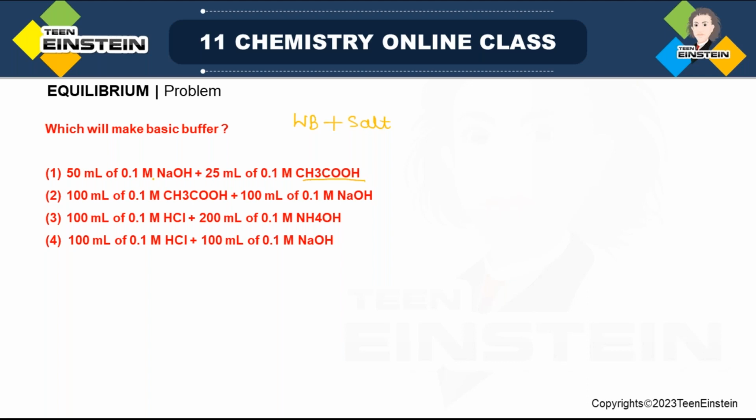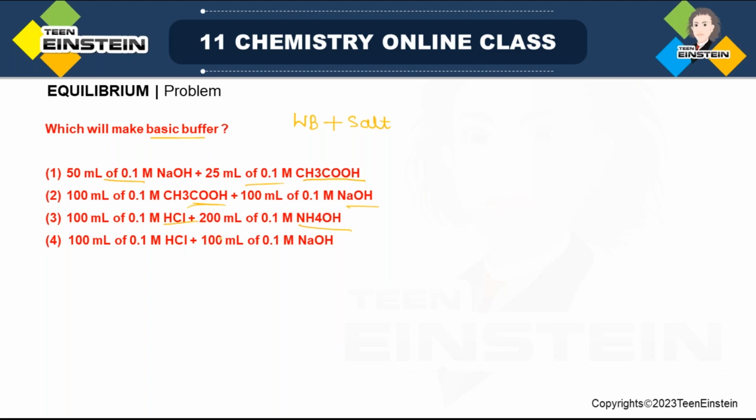Though we have to calculate the exact number of millimoles, remember it is a combination of NaOH and acetic acid. Then we have acetic acid and NaOH again with different values of ml and molarity, but it is still NaOH and acetic acid.